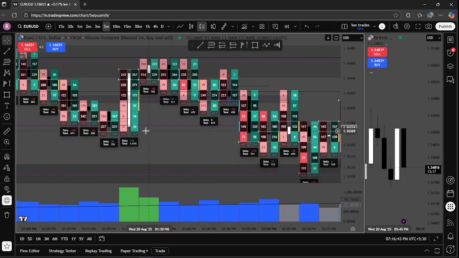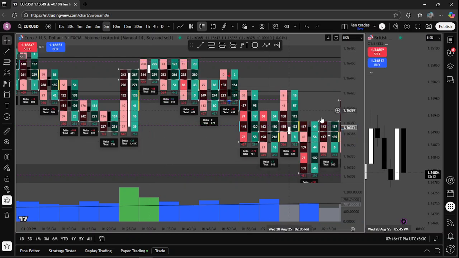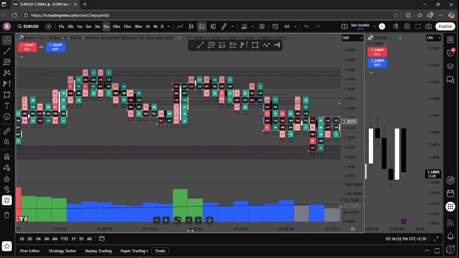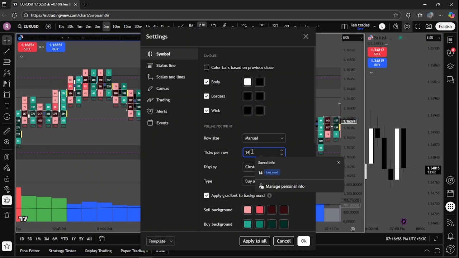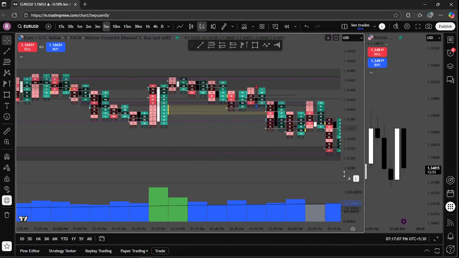I guess this one's more than one pip. This one is showing 1 pip per block data. That's a little bit too much, I guess, for the lower time frame. I can make it 7. 7 seems good. For 5 minutes, 8 seems good, right?